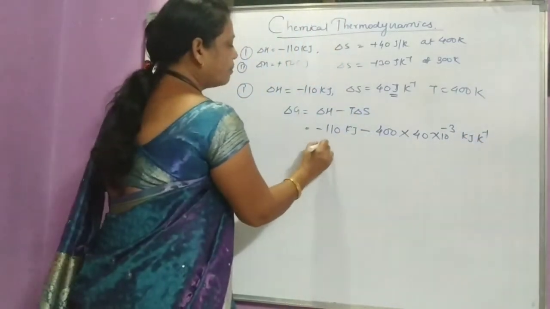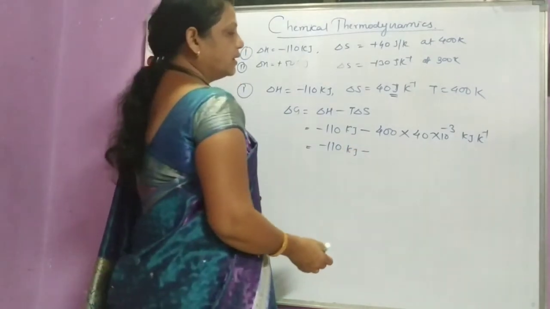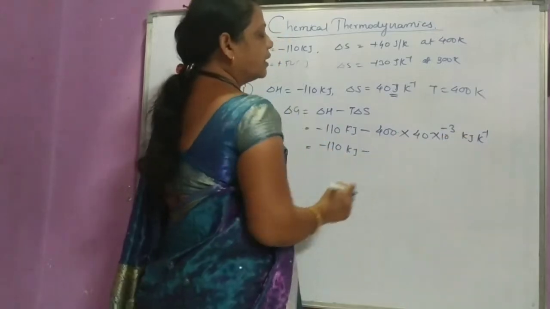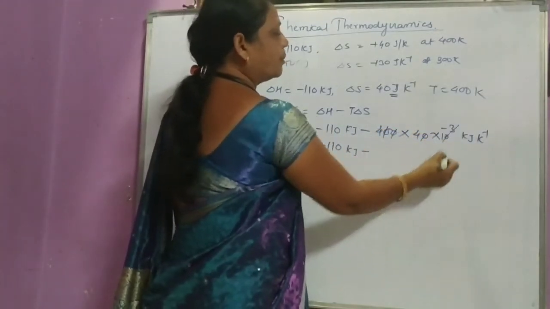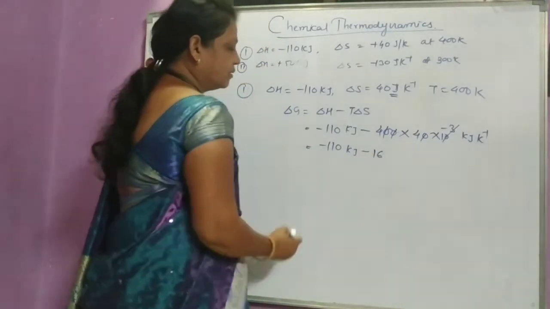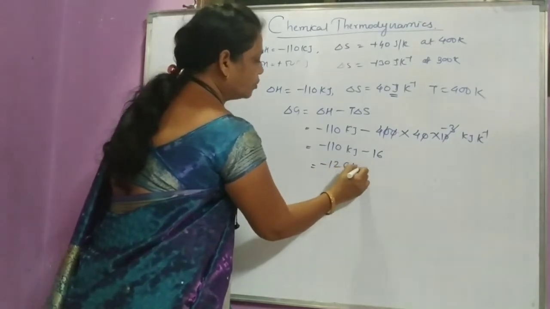Kelvin cancels, so the unit is kilojoule. That gives minus 110 minus 16, which is minus 126 kilojoule.